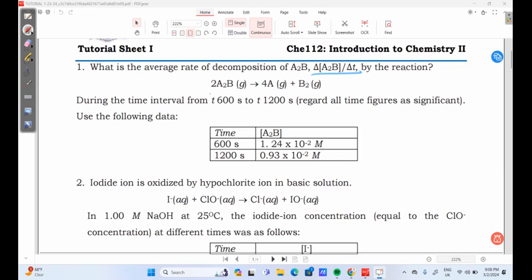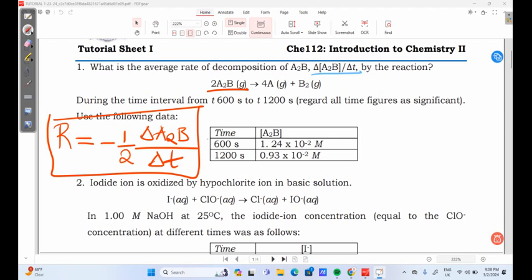For the reactant, the rate R is negative 1 over the stoichiometric coefficient, in this case 2, times the change in the concentration of that reactant over the change in time. This is a formula for determining the rate of the reaction.